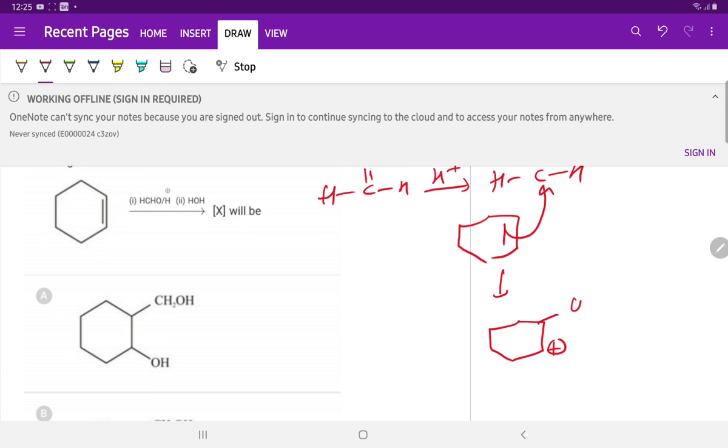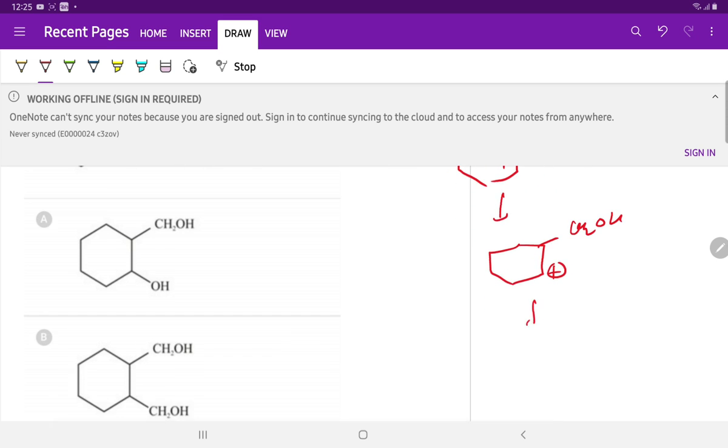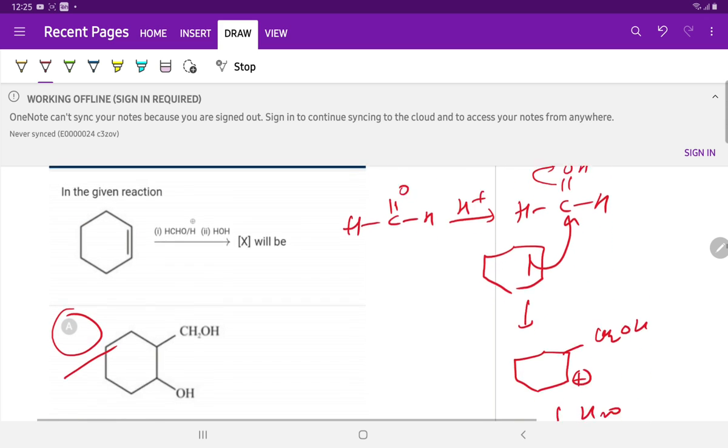This will give CH2OH, and when water attacks this carbocation, there is an attachment of a hydroxyl group on this carbocation, so CH2OH and OH. So option A is correct for question number 9.